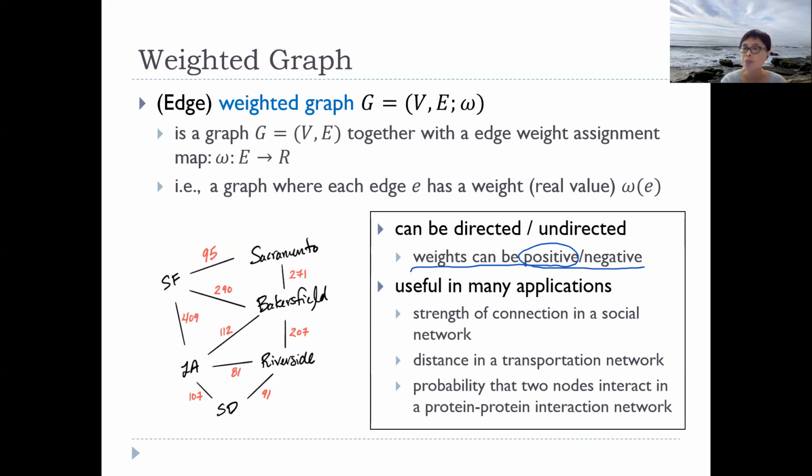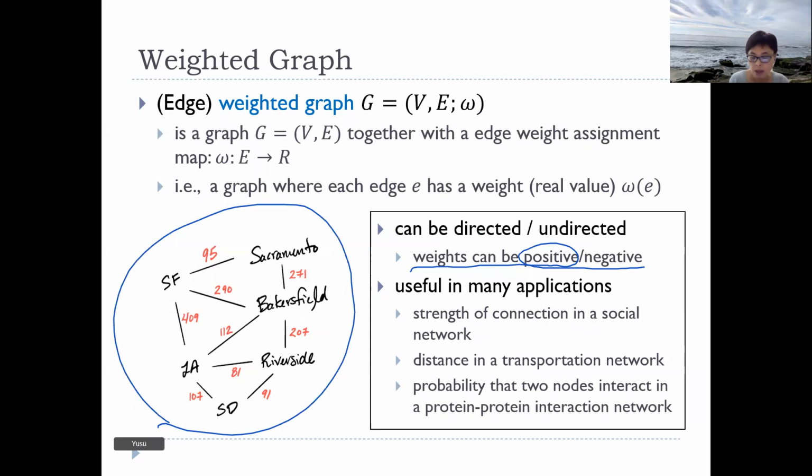Now, edge-weighted graphs encode richer information and are useful in many applications. We already saw that in this transportation network, we not only know whether two cities are connected or not, we also know the distance between them. If I want to travel along this road, how many miles do I have to go?